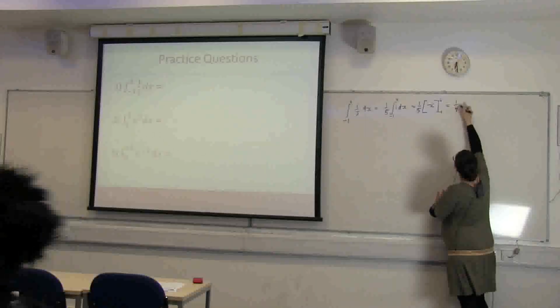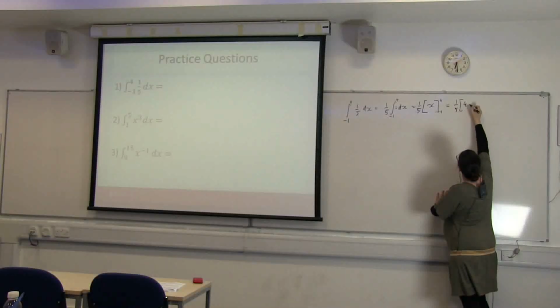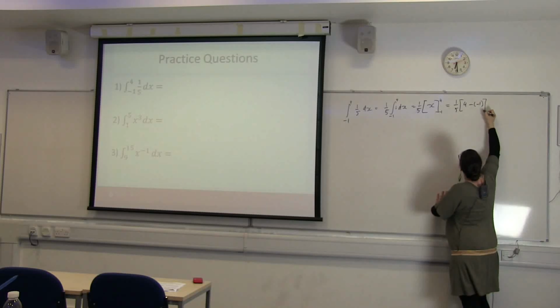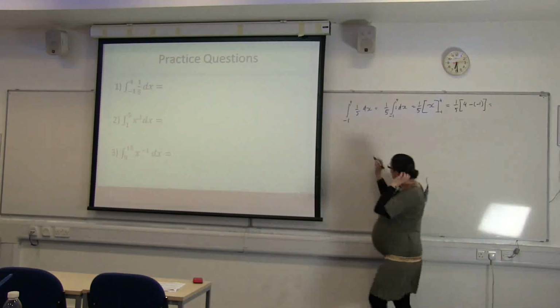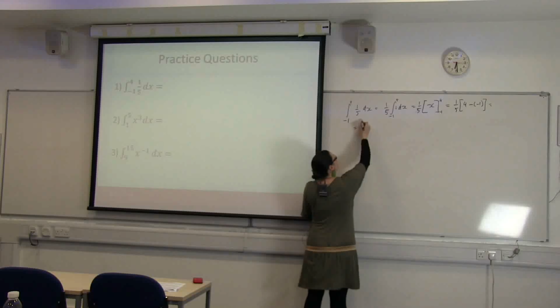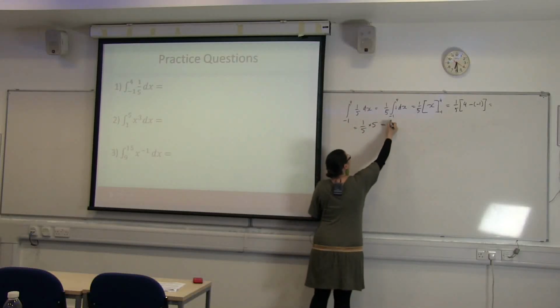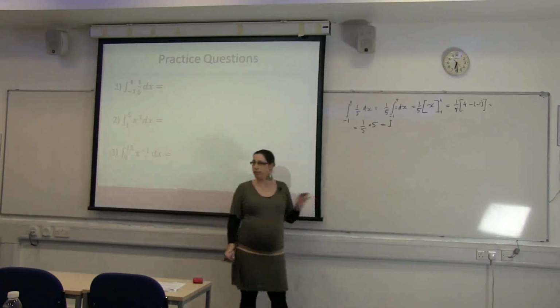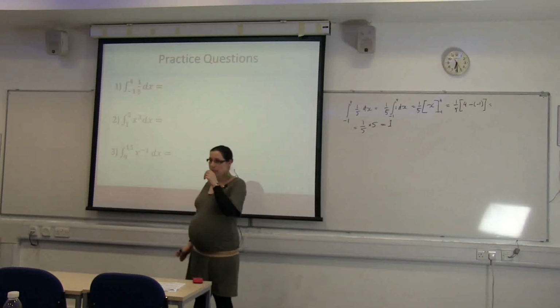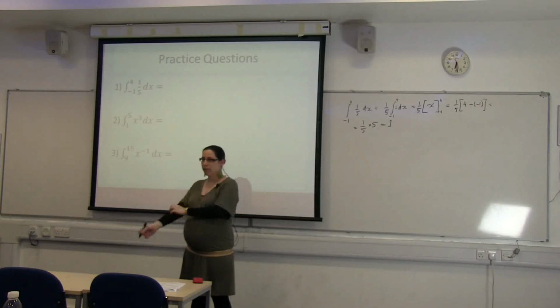So 1 over 5 times 4 minus negative 1. And that's going to give me 1 over 5 times 5, which is going to be 1. Okay?